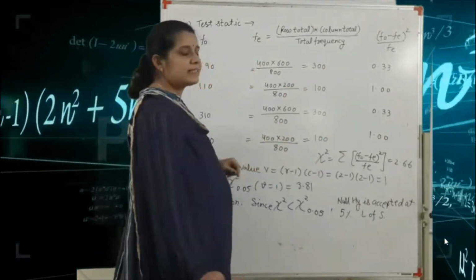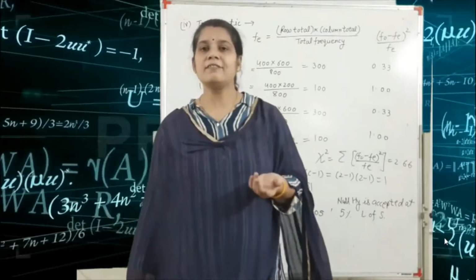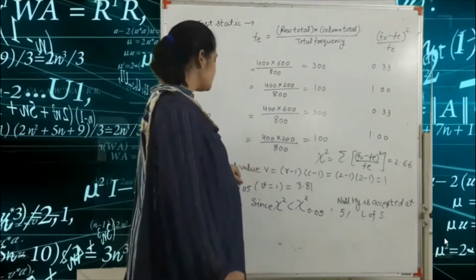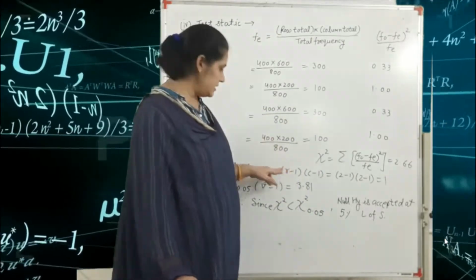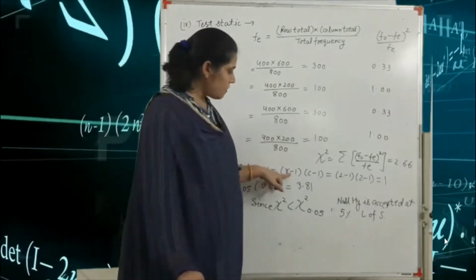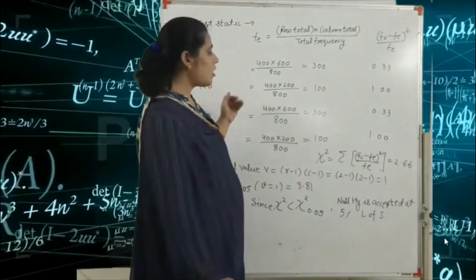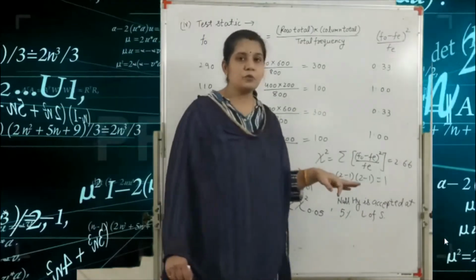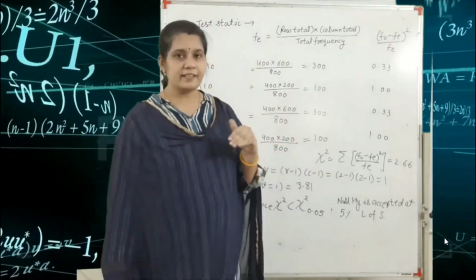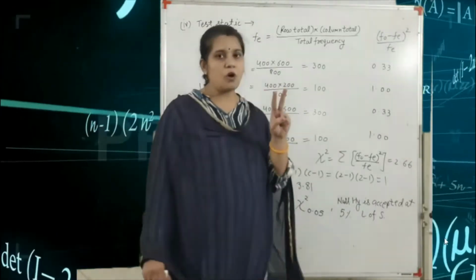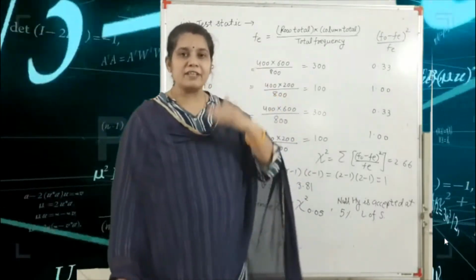So our next step is the critical value. The degree of freedom is v equal to row minus 1 into column minus 1. According to our question, we have two rows, postgraduate and undergraduate, and two columns, favored and not favored.